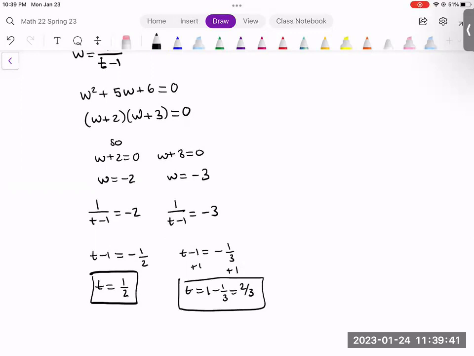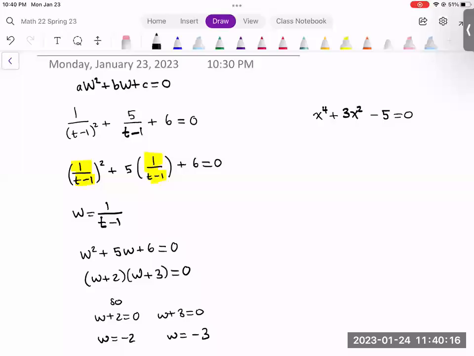So let's look at another example. Okay, next up, we're going to look at x to the 4th plus 3x squared minus 5 equals 0. So this has that same format where we see a term, x squared, and we also see the square of that term.